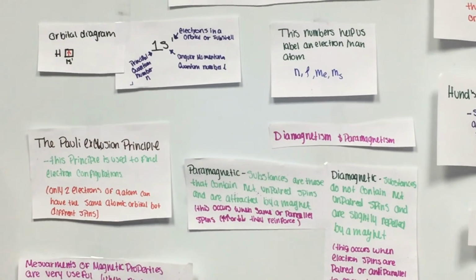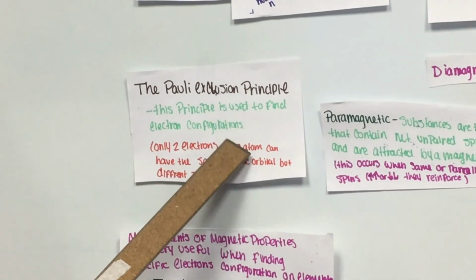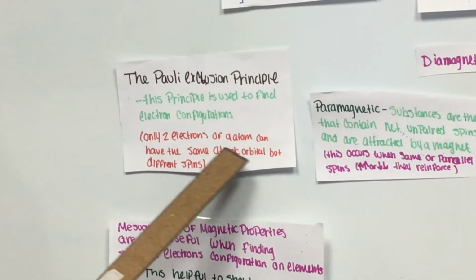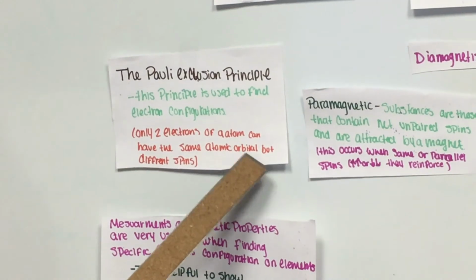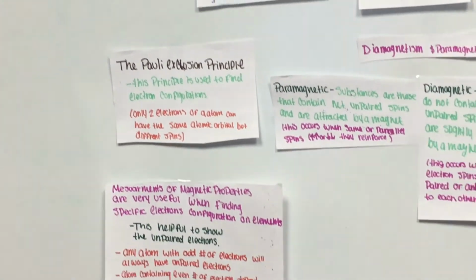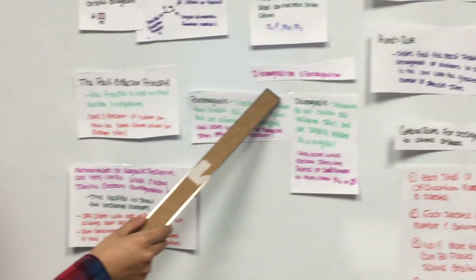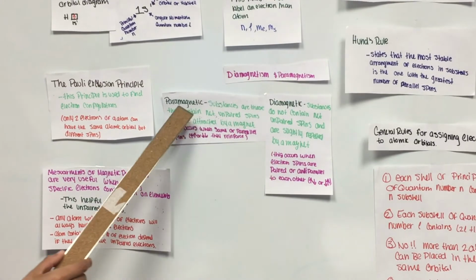Next, we will go ahead and move on to the Pauli exclusion principle. This principle is used to find electron configurations. Only 2 electrons of an atom can occupy the same atomic orbital, but they have to have different spins. We would go ahead and move on to diamagnetic and paramagnetic.